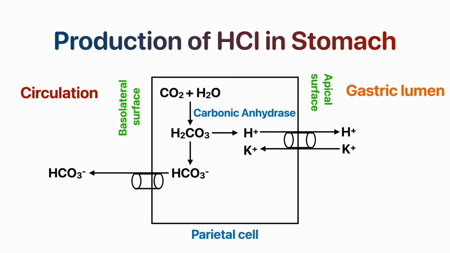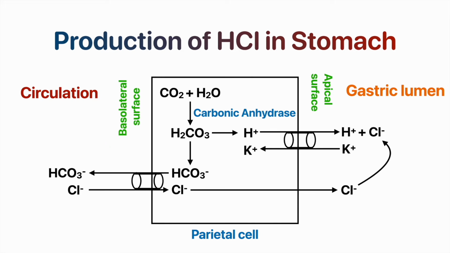In exchange for one bicarbonate ion, one chloride ion is transported inside the cell. Chloride ions then move into the lumen and join with the H+ ions to form hydrochloric acid. This is how our gastric juice gets its acid component.